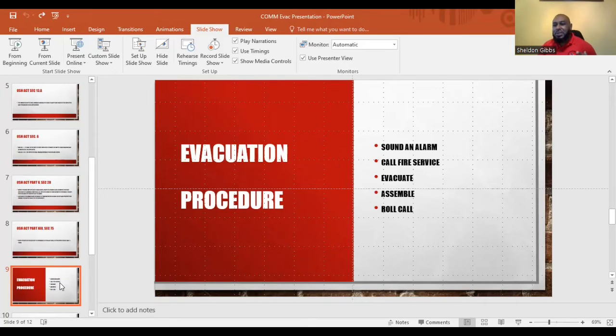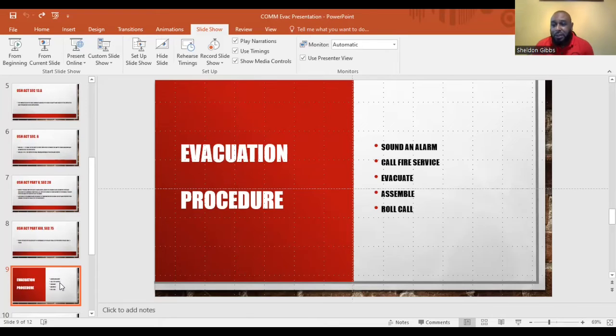Your bag straps may become entangled in door handles, and this may cause some level of jerking in a real life situation when you're trying to get out, where you can now possibly fall or cause other people to fall. So in that aspect, we ask that we leave all our personal belongings behind, because in this situation, life is the most important aspect of anything. So life is priority. So we ask you to leave your belongings behind and leave by all available exits.